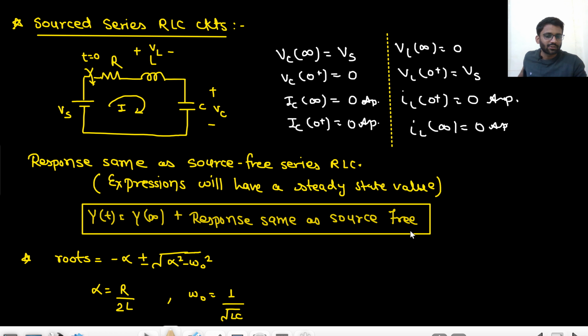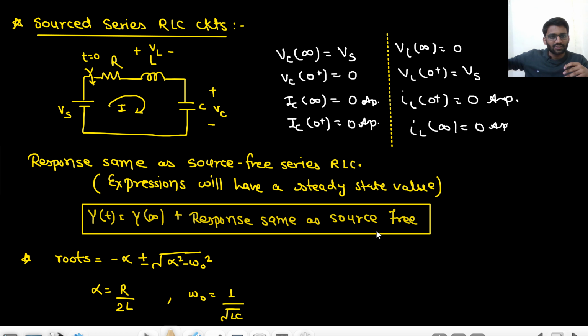The response will be the same as source free response, plus you are having some VC infinity voltage, that is Vs. And for ILT, it will be the same as the source free response. Why is it so? Because IL infinity is 0 ampere only. At steady state, you will have no current, so this term will be 0 only.